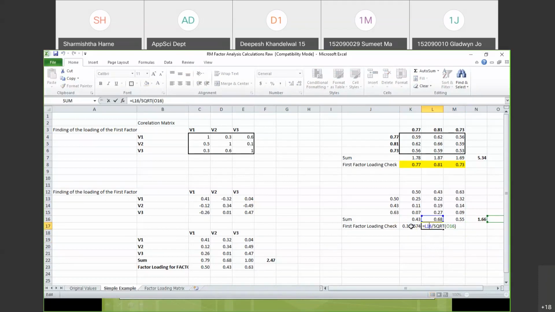Sir, total summation is 2.43 and it is coming 1.66. अच्छा इधर कुछ गड़बड़ हो गया क्या?